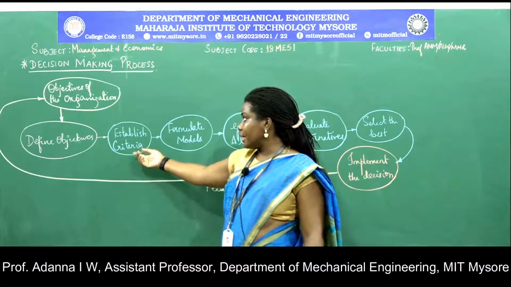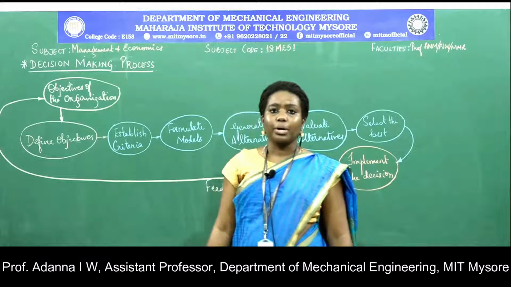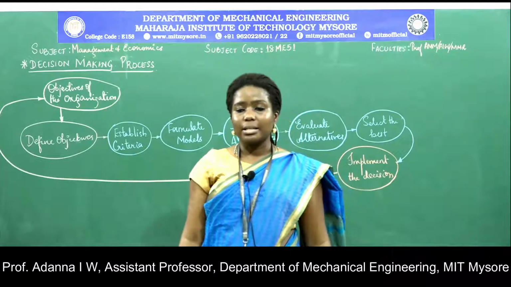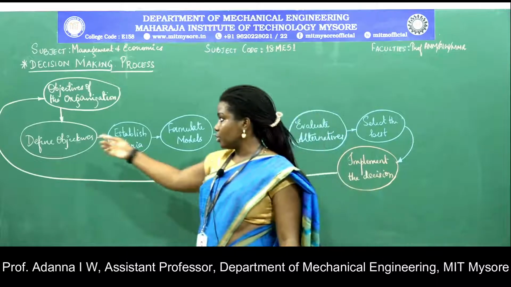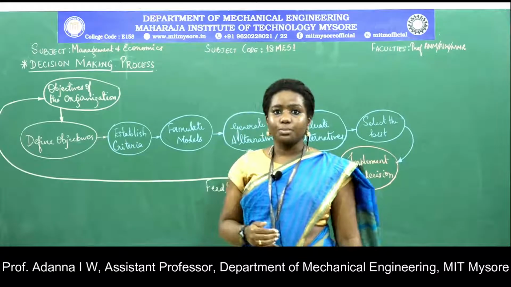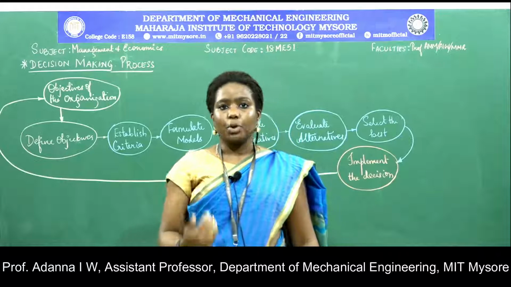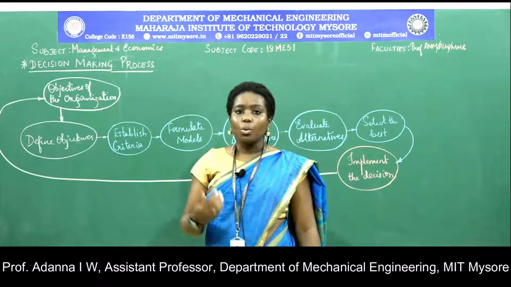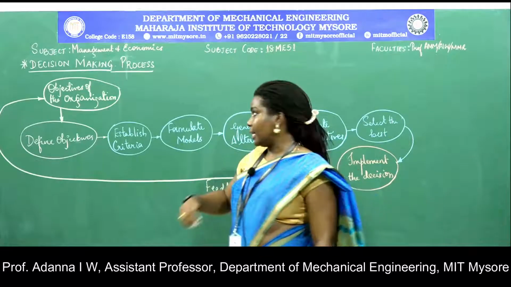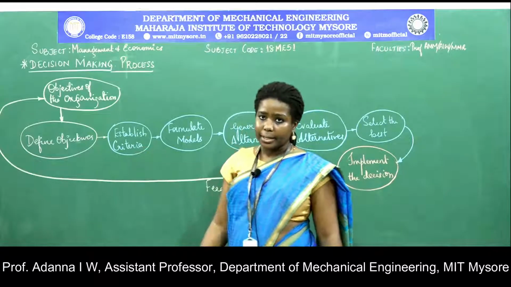Then we have to establish criteria within which we are going to carry out these objectives. What is the reason for us to define that objective? Is the objective to get a greater profit, or is the objective to make bigger publicity? Based on that, we are going to establish a criteria.